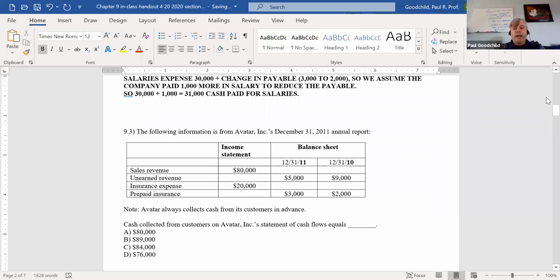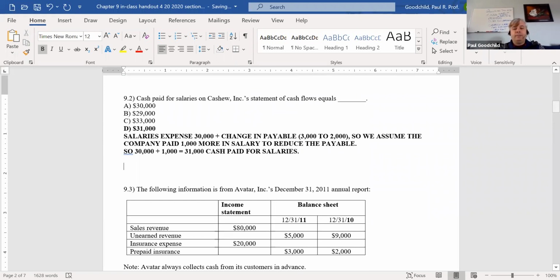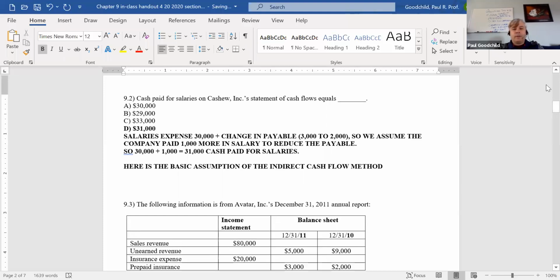So before we move on to the next question, here are the basic assumptions of the indirect cash flow method.